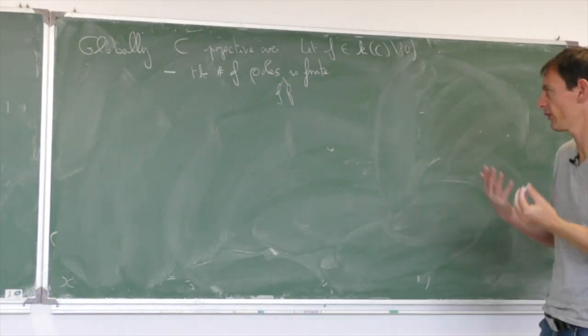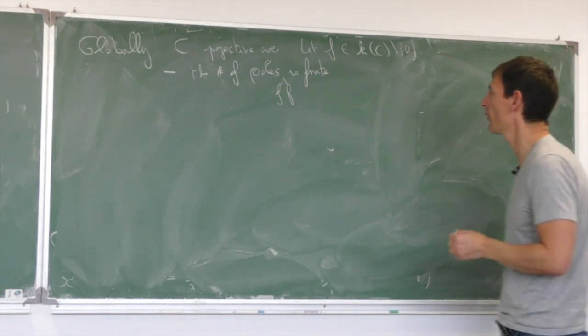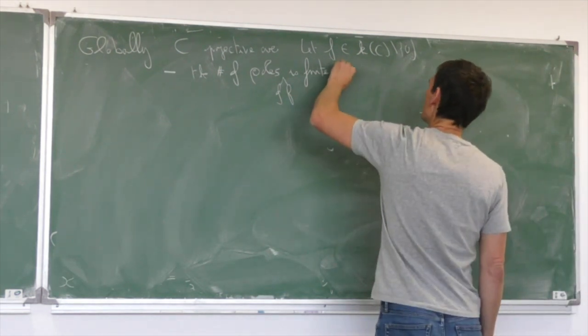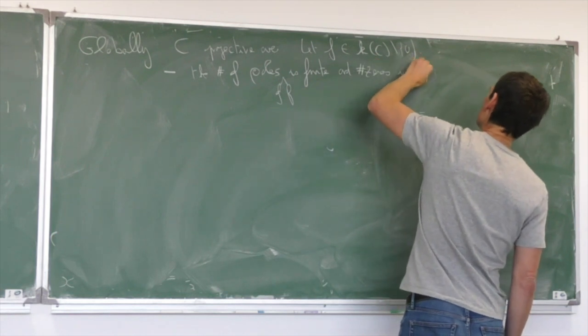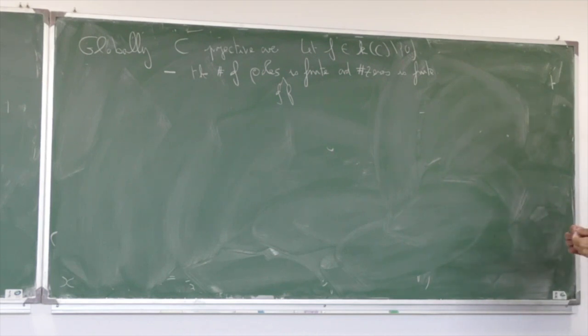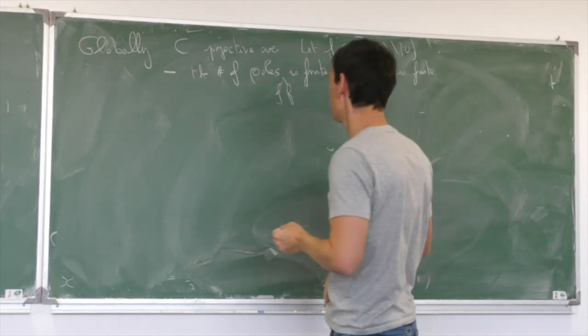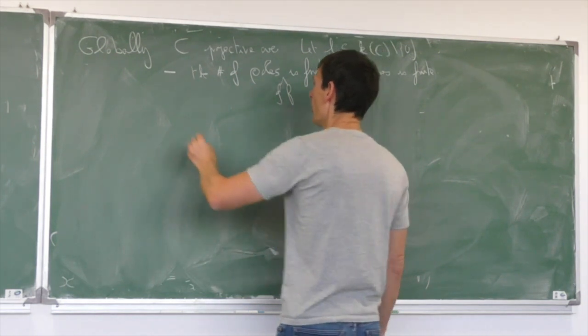And if you apply the same argument to 1 over f, you see that the number of zeros is also finite. That's already nice, but I'm not really using projective here. I'm using only the noetherianity of my rings.